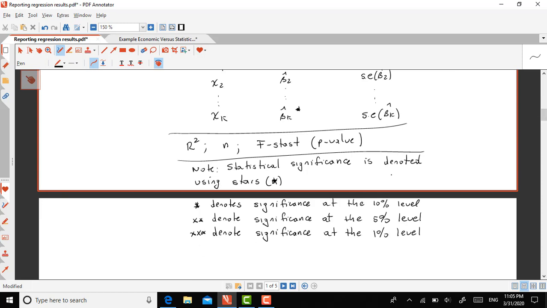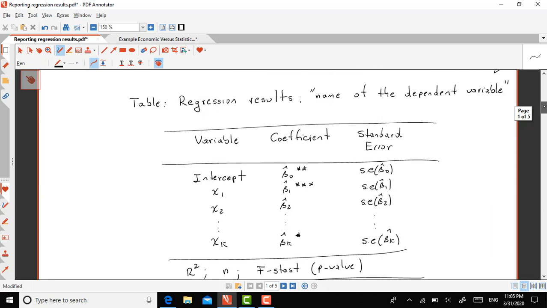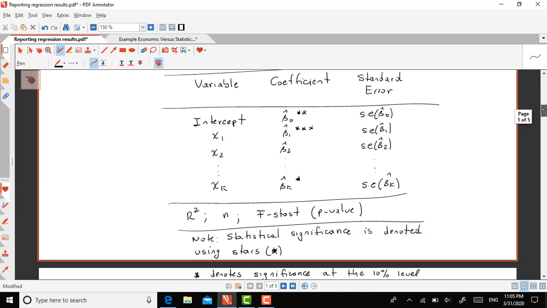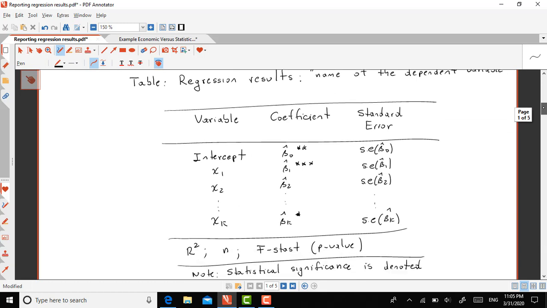And the footnote you always have to write exactly the same way I wrote it here. The only thing that's going to change in the table is the name of the variables, the coefficients, because you're going to have to add actual values: the standard errors, the values for R square, the n, the F statistic, the p-value. But everything else has to look exactly like it is here.